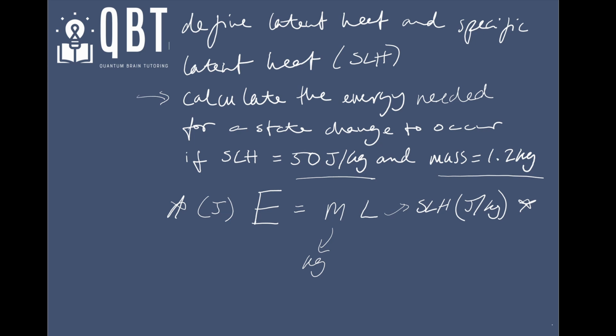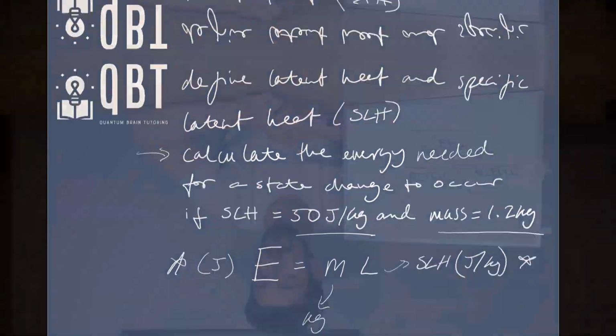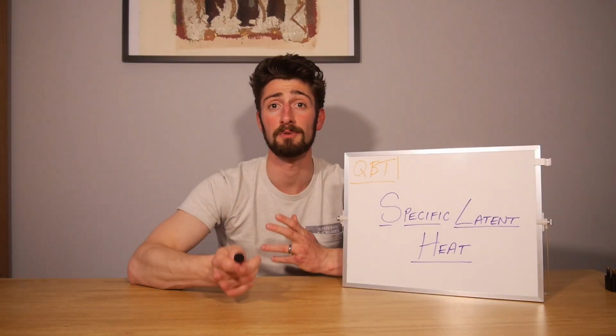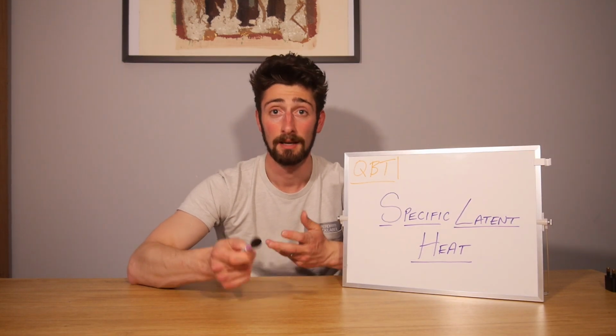We would substitute in our values. So we would do E is equal to 1.2 multiplied by 50. And if we do that, we come to an answer, of course, of 60 joules. And that is how we can use our understanding of specific latent heat and latent heat to answer a question such as this. So hopefully that helped you understand specific latent heat in a bit more detail.